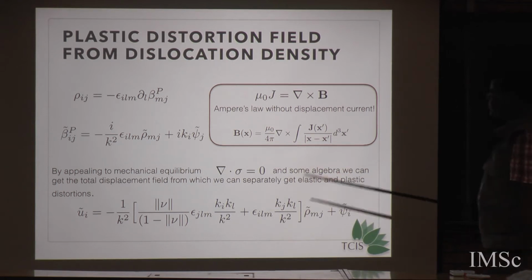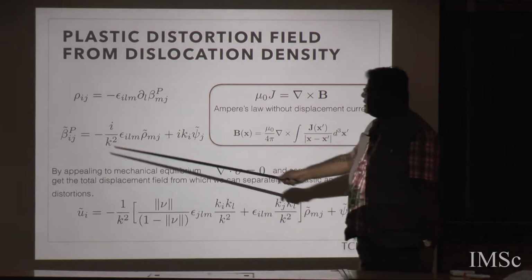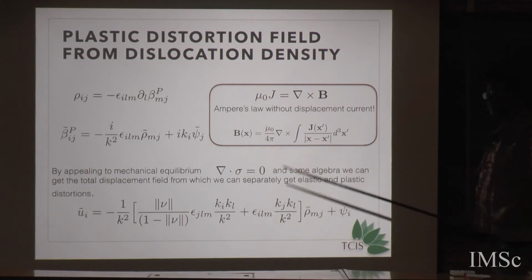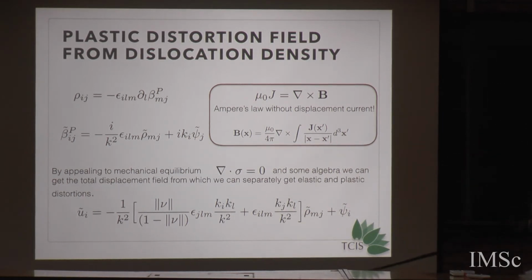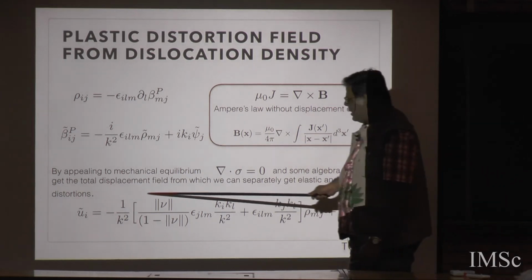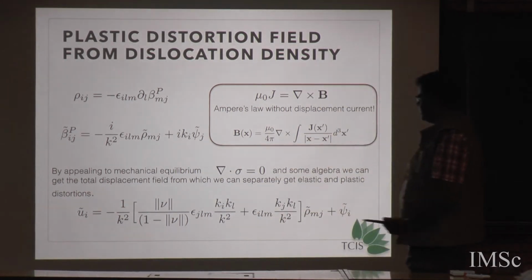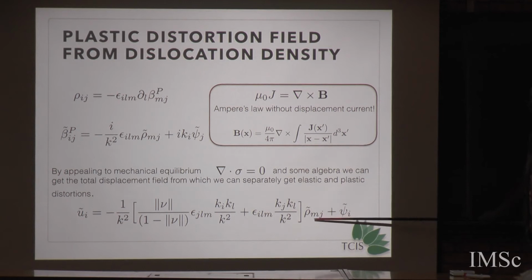Okay, so once you know the plastic distortion field and the elastic distortion field, you can use mechanical equilibrium, etc., and finally you can get the displacements in terms of the Nye dislocation density tensor.